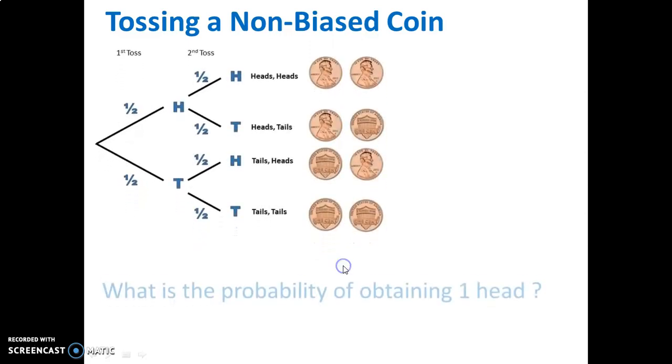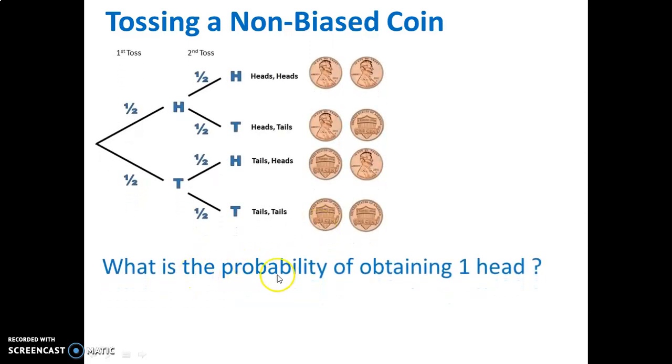Okay, next. So again, looking at the same situation, what is the probability of obtaining 1 head? Well, we have calculated that already, but let's look at it in a slightly different way. So we have 1 head along this path, head, tail, and we also have 1 head along this path, tail, head. So there's 2 paths, and again, we know that you can multiply along and then say that path plus this path.